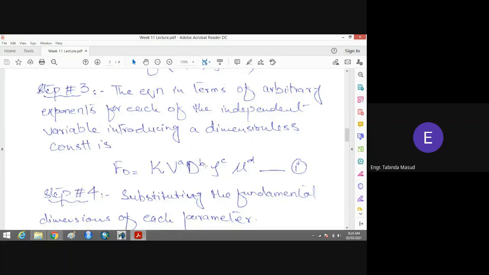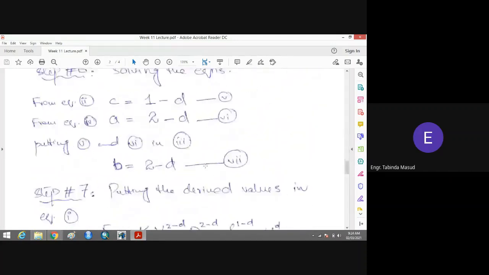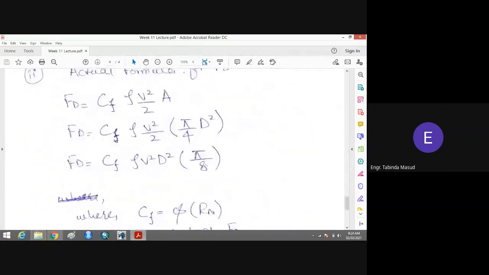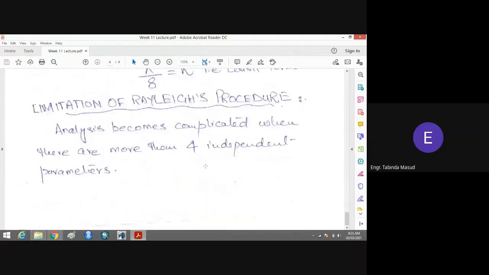This is the limitation of the Rayleigh procedure. The Rayleigh procedure is not good when we have so many parameters involved in a particular problem. So how can we solve this problem? We can solve it by means of the Buckingham Pi theorem, which we are going to discuss. Here I have written the limitation of the Rayleigh procedure: analysis becomes complicated when there are more than 4 independent parameters. And why? Because we have only 3 available equations.